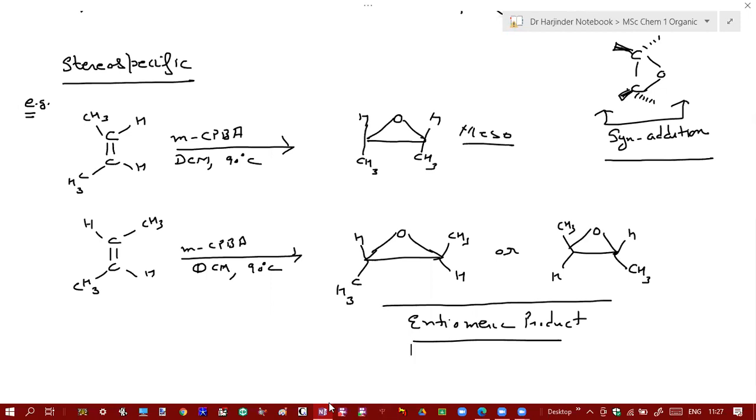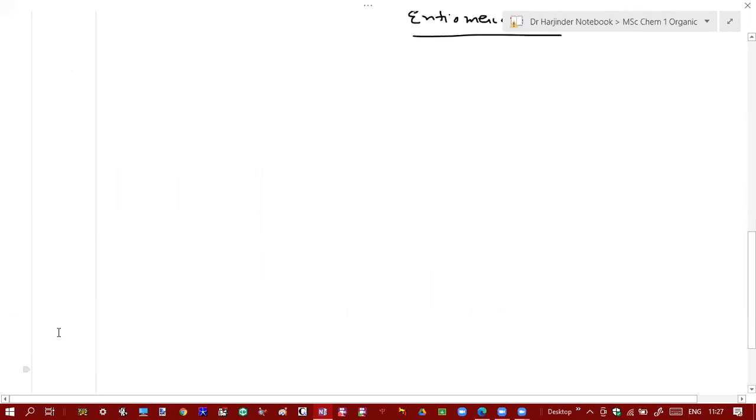Now, this was your normal epoxidation process, which is applicable to alkenes, and syn addition takes place. Now, let us discuss a special epoxidation reaction, that is Sharpless asymmetric epoxidation.